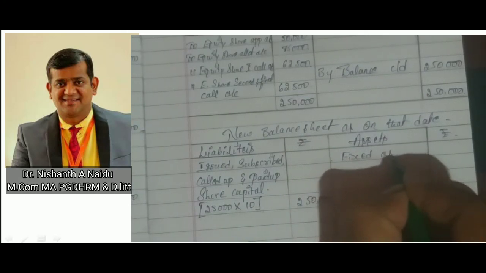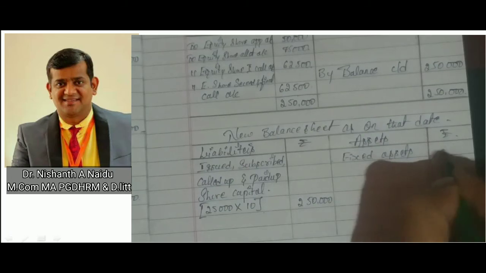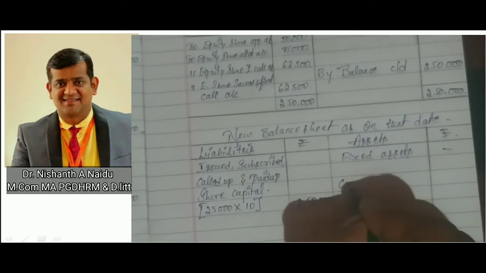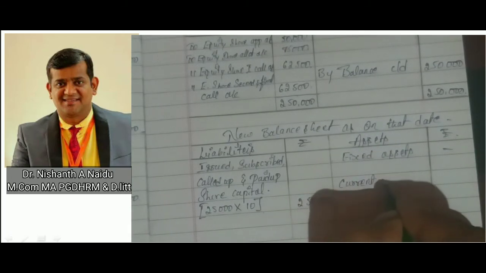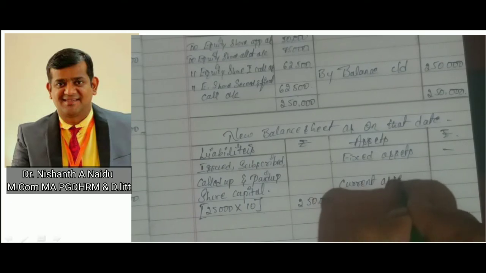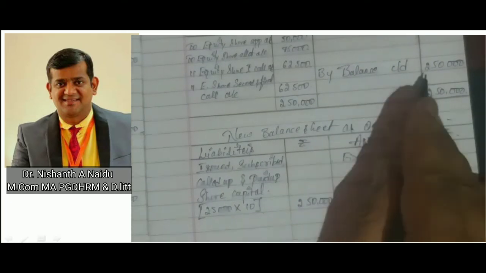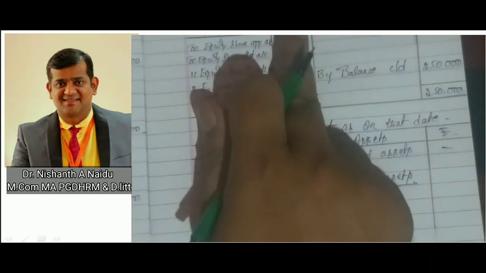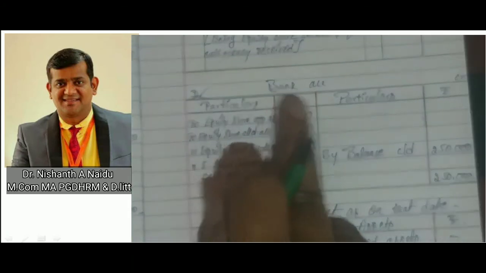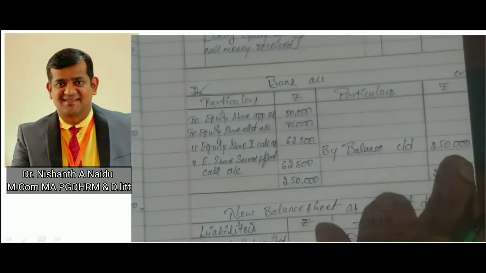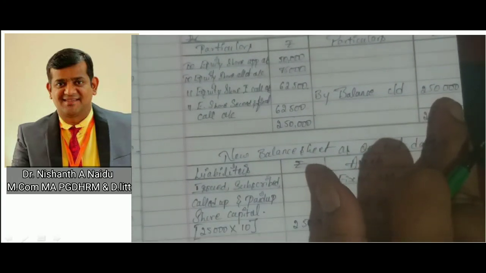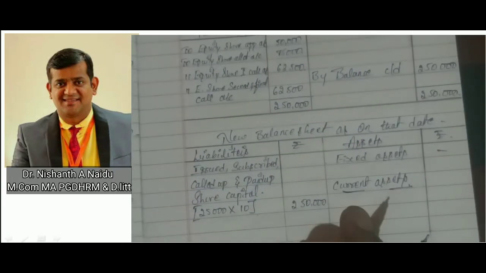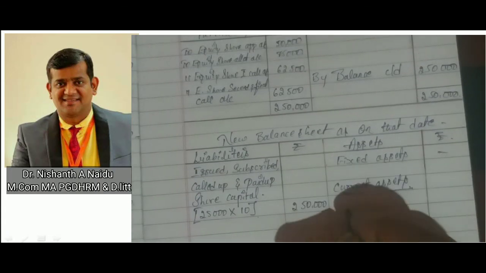Okay. So on the other hand, on the asset side, do we have any fixed assets? No, right? So fixed assets is going to be nil. Then under current assets, do we have anything? Yes, we have cash at the bank, because we have shown it in a bank account. In the bank account, what is the closing balance? 2,50,000.